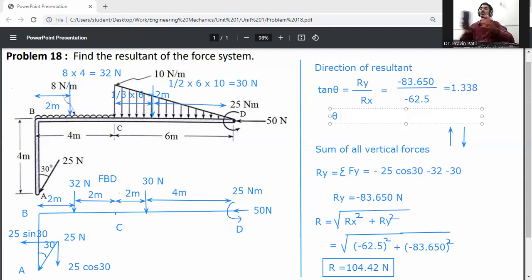So theta is equal to tan inverse 1.338, which is 53.234 degrees. So this is the direction of the resultant.